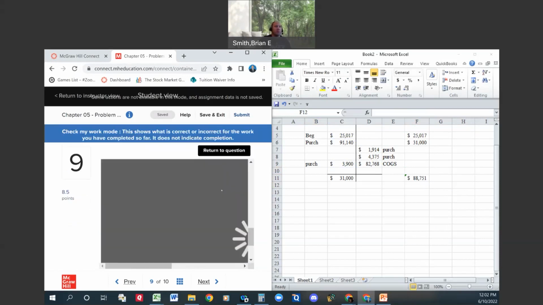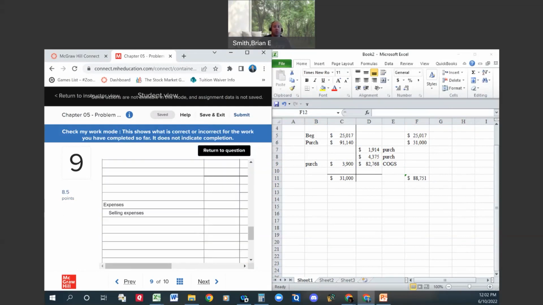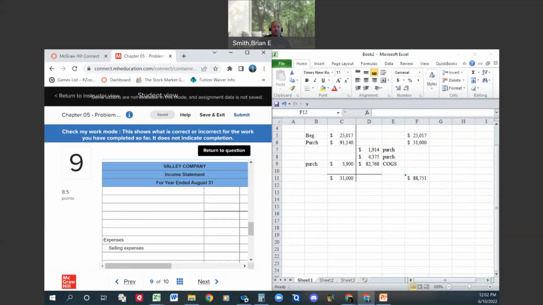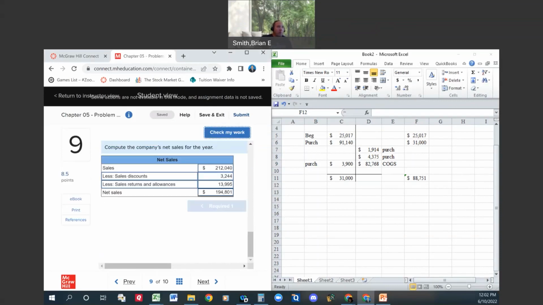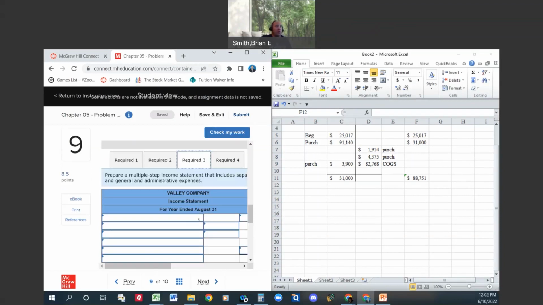Okay, good. All right, next we're going to create the multi-step income statement. So remember the multi-step income statement, similar to the, oh wait, no, it's the balance sheet, never mind. Multi-step income statement, we'll start over here. Let's return to the question first. What do we start with? Start with net sales.